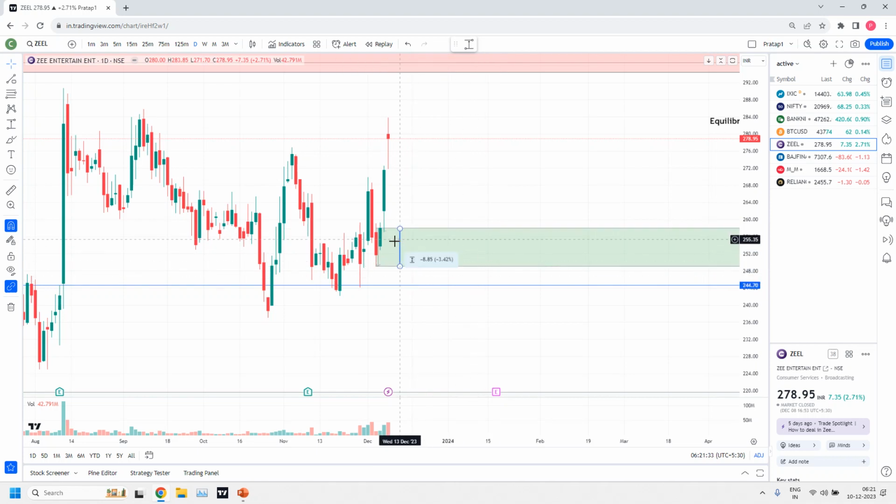So this is the risk. 8 rupees 85 paise. Why have I selected negative values? To indicate it is a risk. So if the risk occurs, we lose 8 rupees 85 paise, which is 3.42% of our capital.